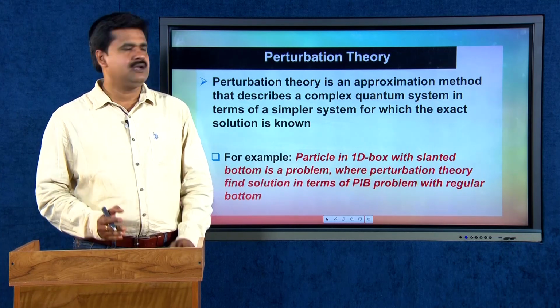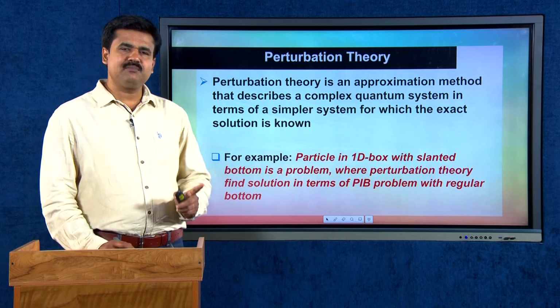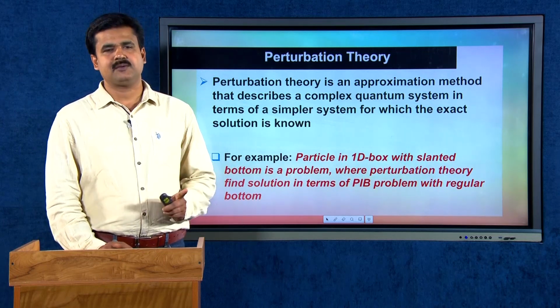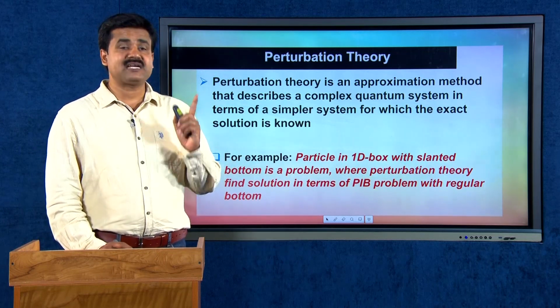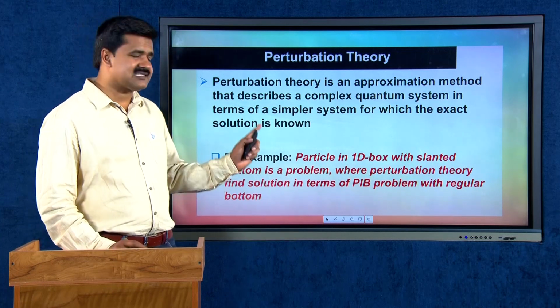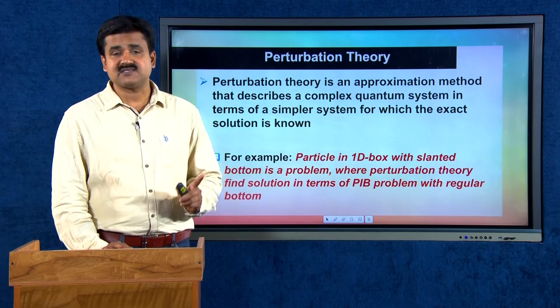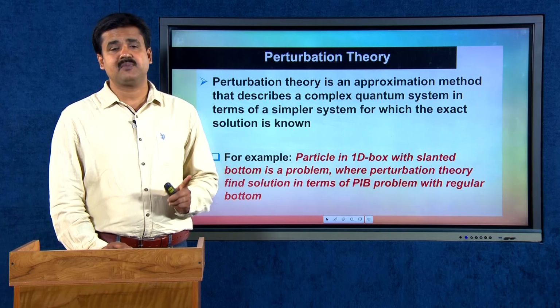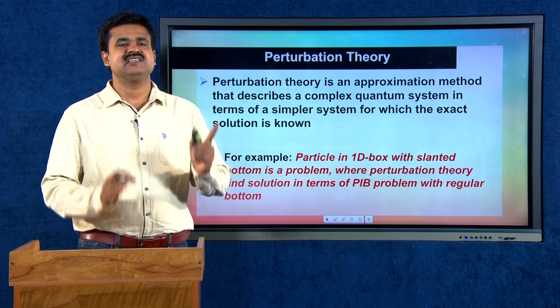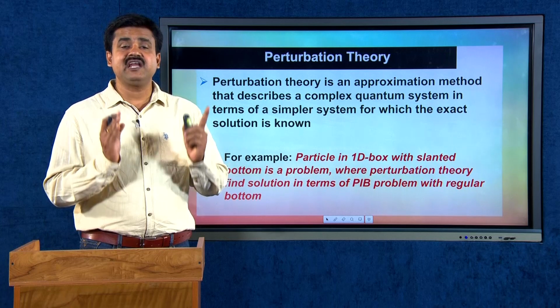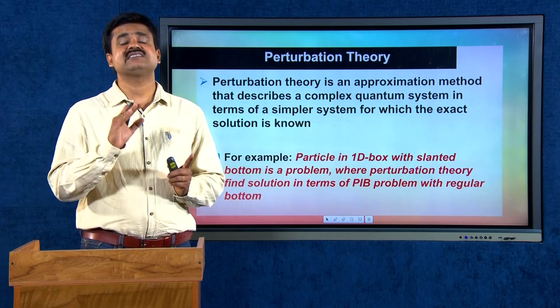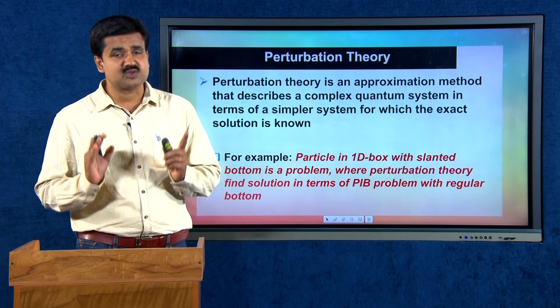For example, particle in 1D box with a slanted bottom is a problem where perturbation theory finds its solution in terms of the particle in 1D box problem with a regular bottom. This means that particle in 1D box with a regular bottom is a system which is exactly solvable.